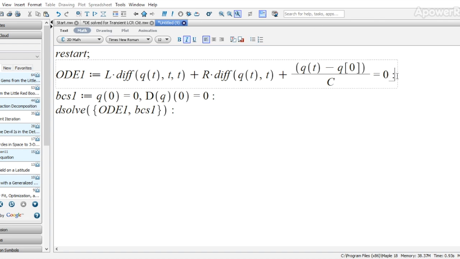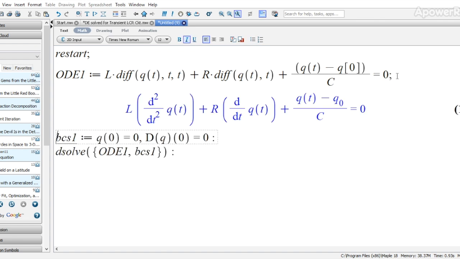The special reference to q0 appears there in the discussion. Now this differential equation will look as L into second order derivative of q of t with respect to time plus R first order derivative with respect to t of q of t plus q of t minus q0 by c equal to 0.